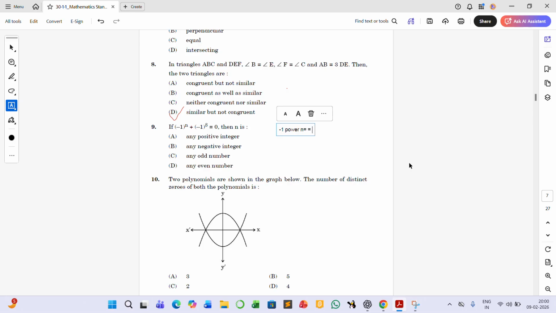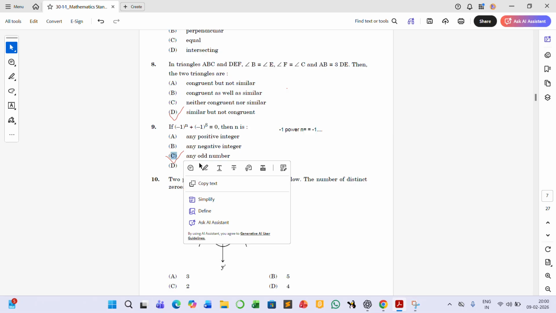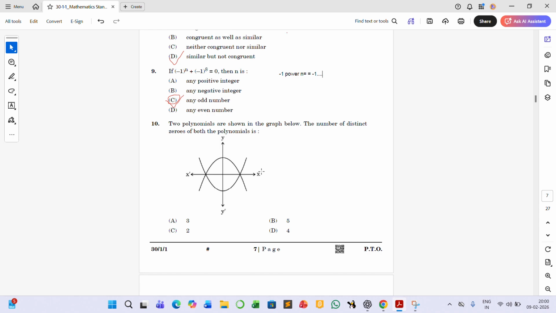If (-1) to the power n is coming as -1, then n must be an odd number, because an odd power always results in a negative number, right? So the answer is any odd number. C is the answer. Let me circle it.